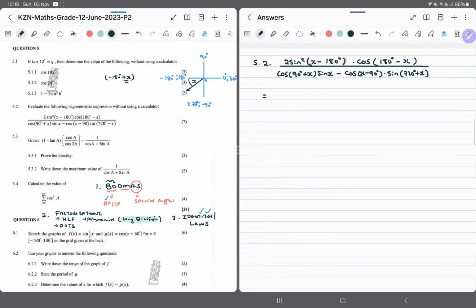Okay, so this is the third quadrant. And what is sine? Sine is negative, but remember this is squared, times cos of 180 minus. Minus 180 means we're going into the second quadrant, so cos is negative.